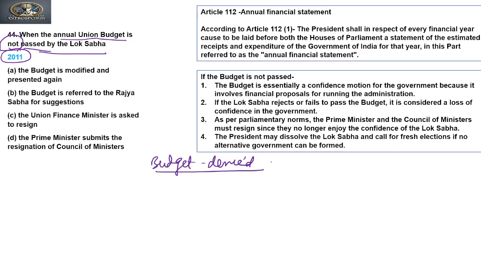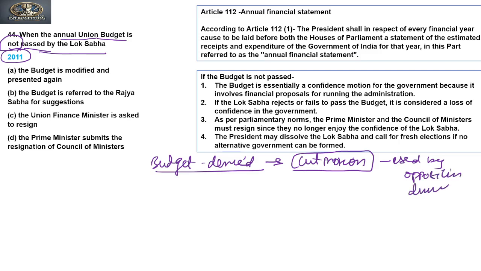The tool used by the opposition to deny the budget is a cut motion. This cut motion is used by the opposition during the vote on demand for grants.